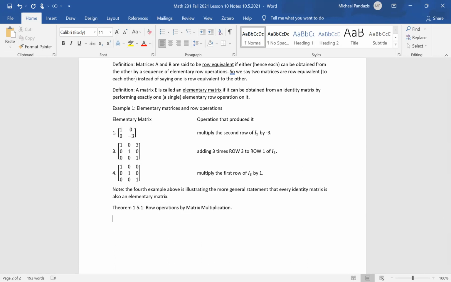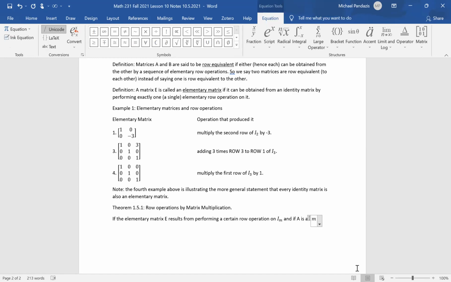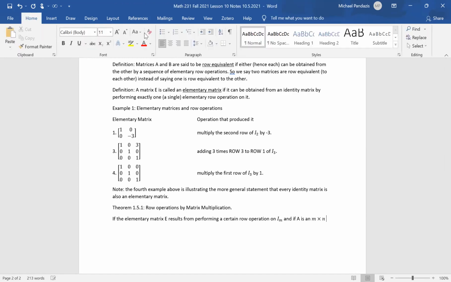If the elementary matrix E results from performing a certain row operation on I sub m, the m by m identity matrix, and if A is an m by n matrix, then the product EA is the matrix that results when the same row operation is performed on A.